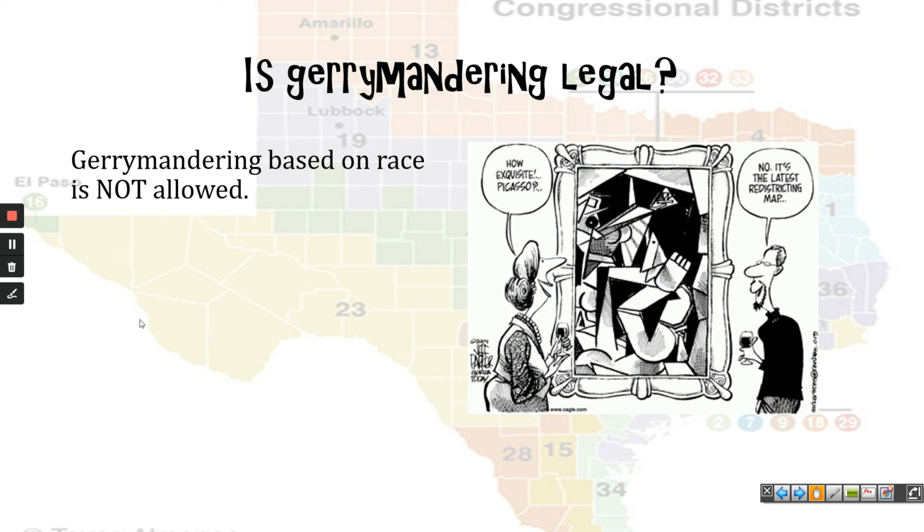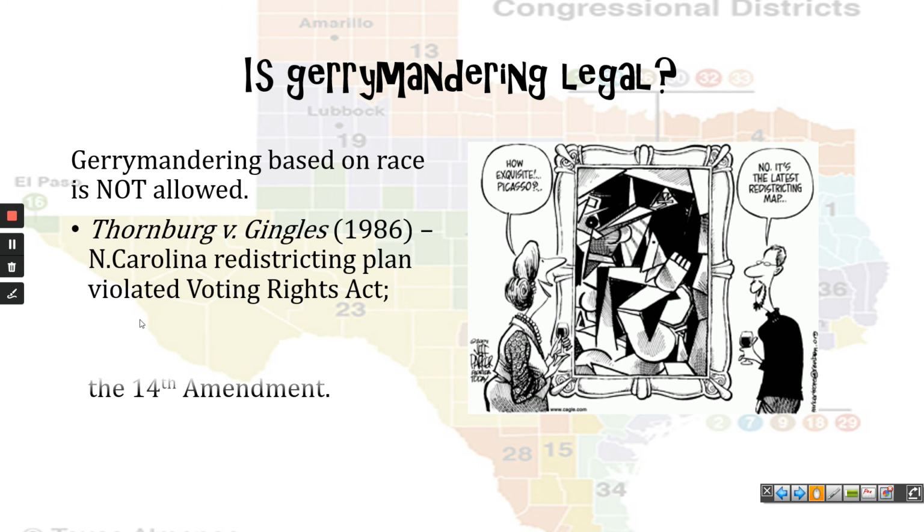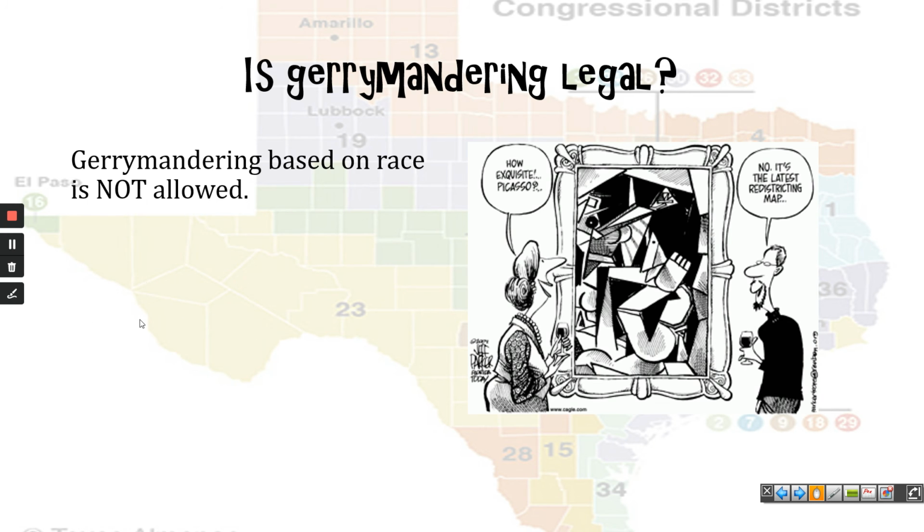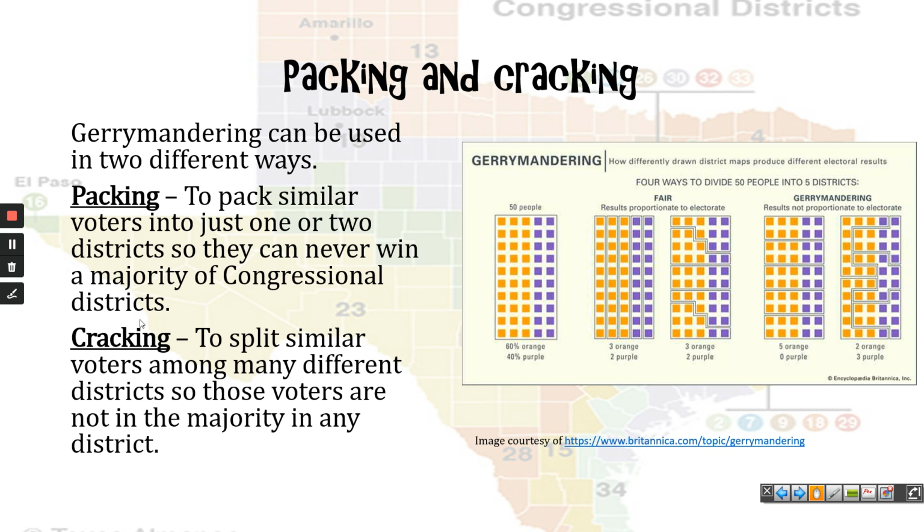Another thing that is absolutely not allowed is to gerrymander based on race. The Supreme Court, in a couple of companion cases from 1986, said you can't gerrymander based on race. If you go back a few slides, when we were talking about this orange and purple state, I was talking as if orange and purple represented political parties.